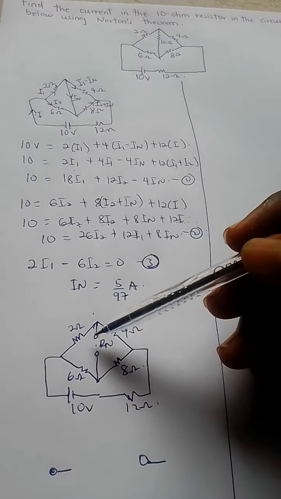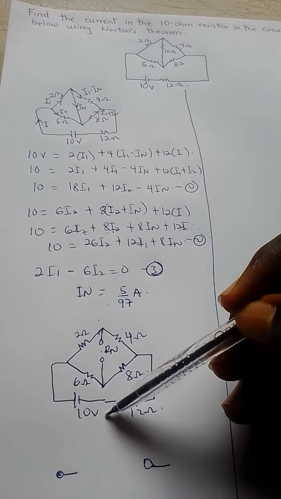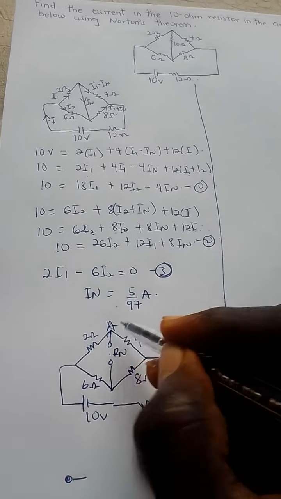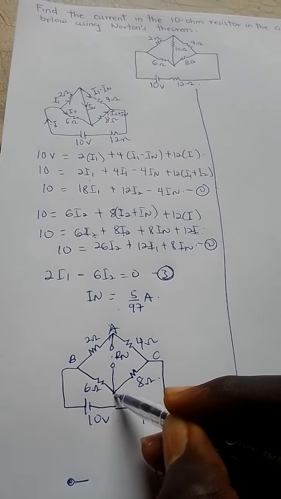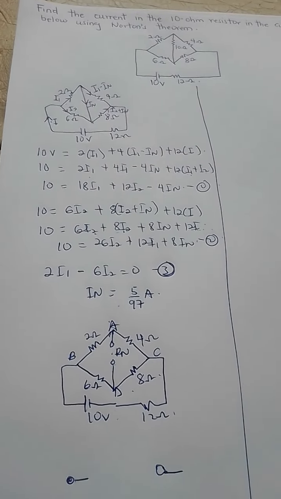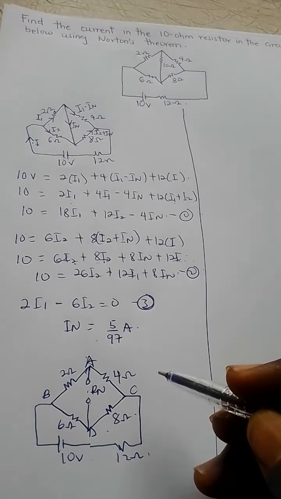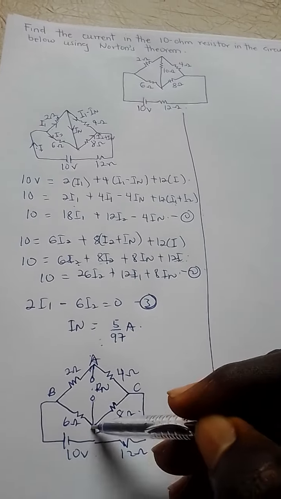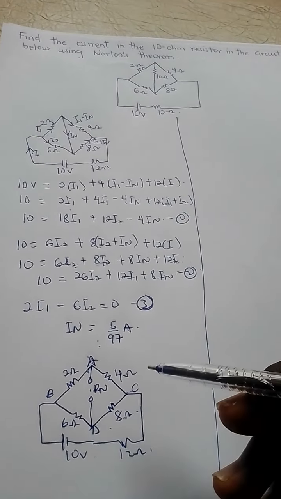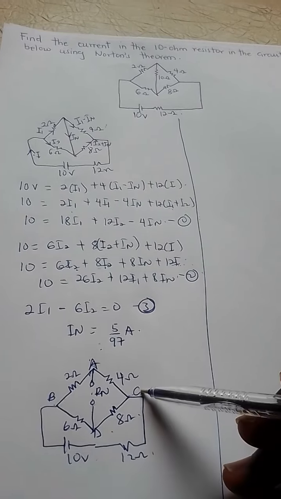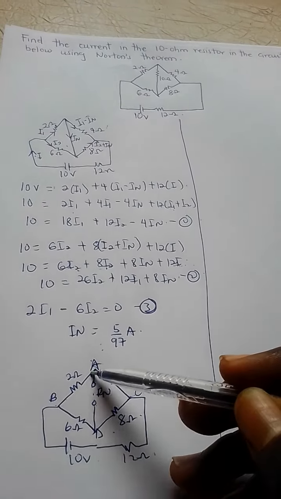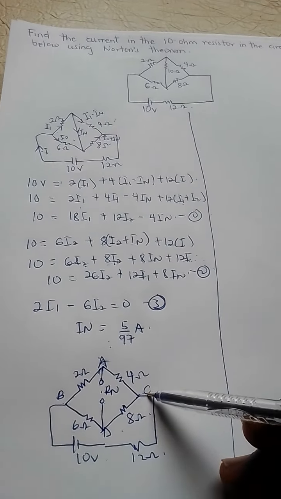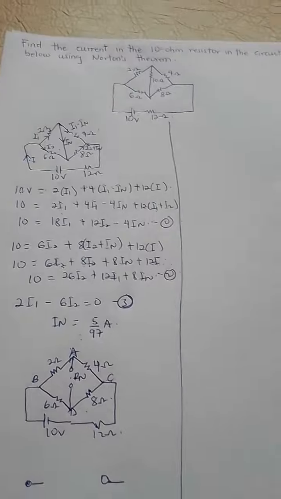Assuming we open this here and move this one here, you have to label this as A, B, C, and D. When you open from here, you get A to B, B to D, D to C, and C to A, as well as B to C. So let's see how it's going to look when we expand it.